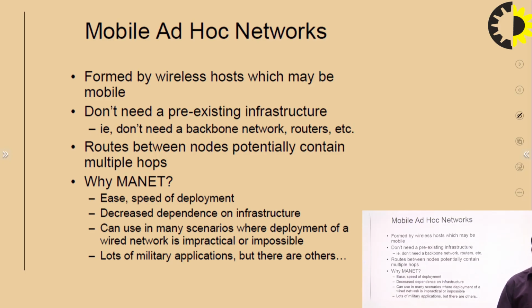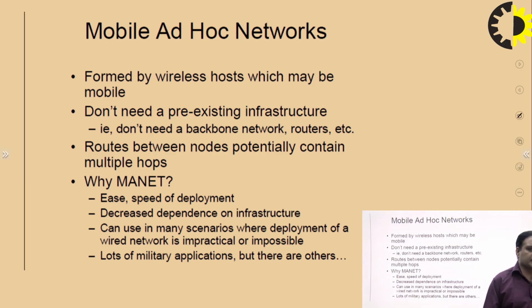Lots of military applications, but there are others. You can better understand that mobile ad hoc network is very useful in today's scenarios. This technology is used in military operations, in scenarios where there is no requirement of any routers, so the devices are connected among themselves.